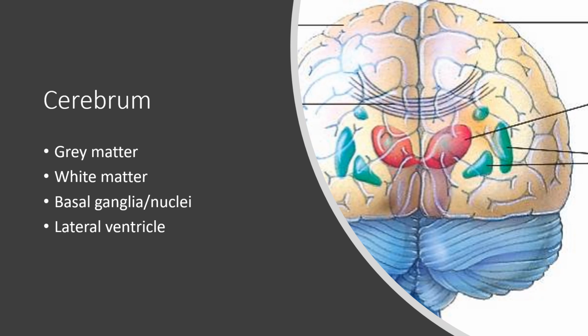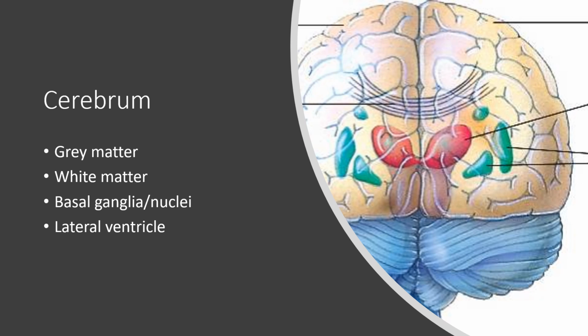Each cerebral hemisphere consists of an outer layer of grey matter called the cerebral cortex, an inner mass of white matter, large masses of grey matter embedded in the basal part of the white matter known as the basal ganglia or the basal nuclei, and a cavity within the cerebrum which is called the lateral ventricle.